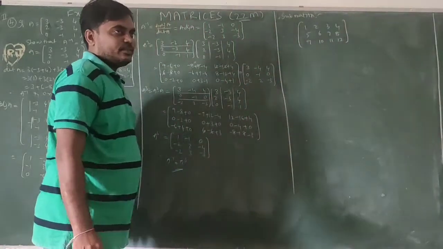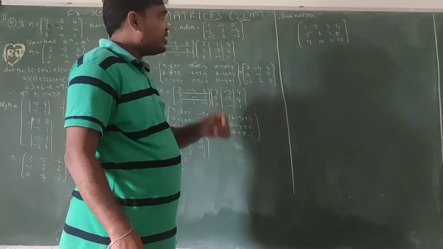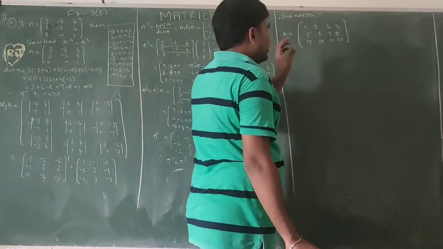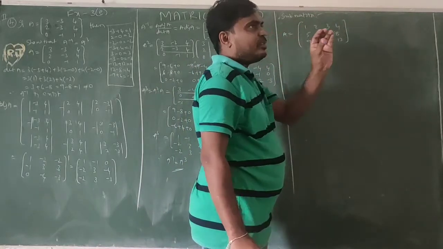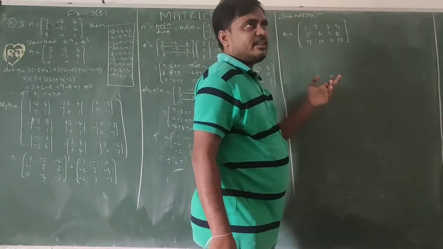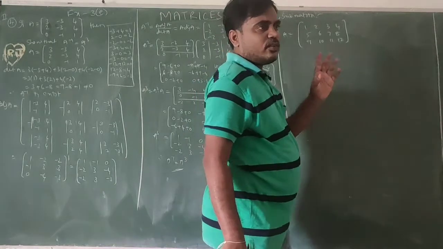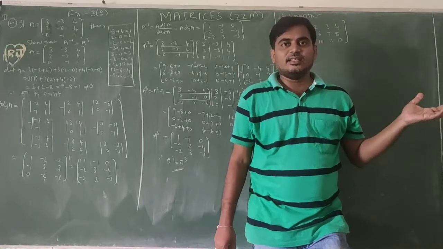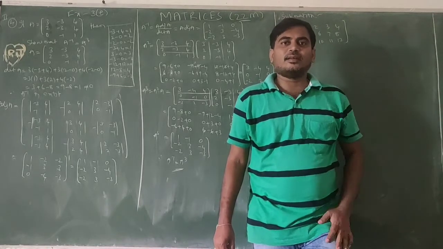This is not a square matrix. In this matrix I want to take something. In 10th class we studied subsets. A subset is nothing but the elements taken from the given set. The newly formed set is called a subset.